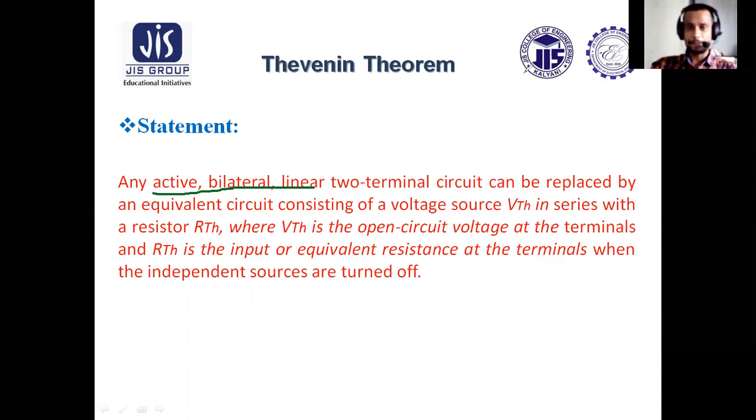Now, next term is a two-terminal circuit. What does that mean? Any circuit can be viewed in between two terminals. So that implies a two-terminal circuit. Any complex circuit, suppose you have one such circuit.